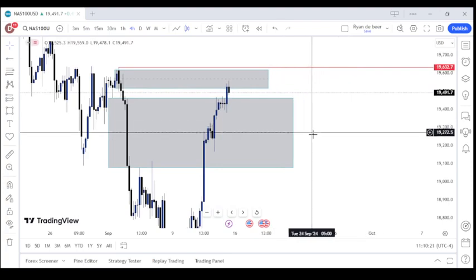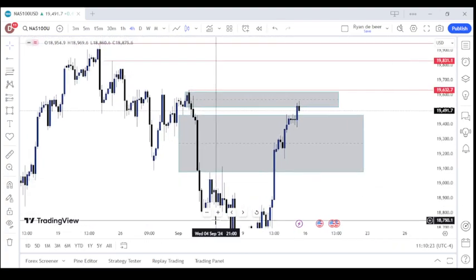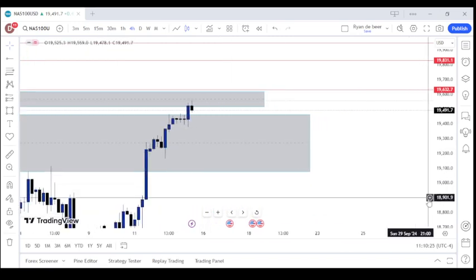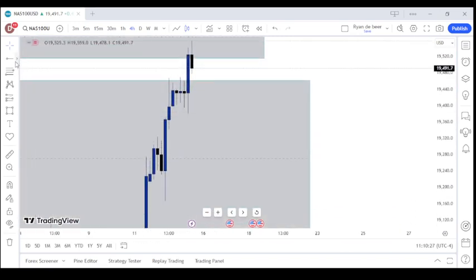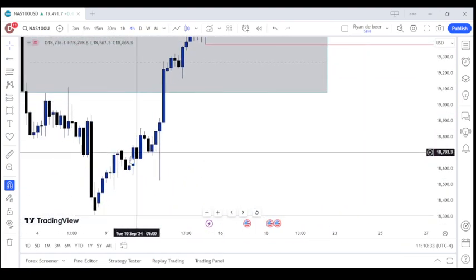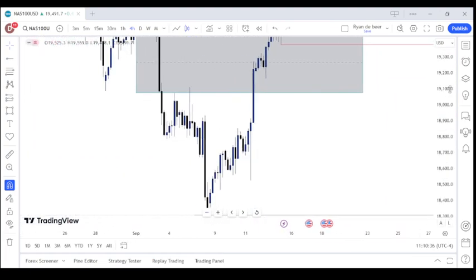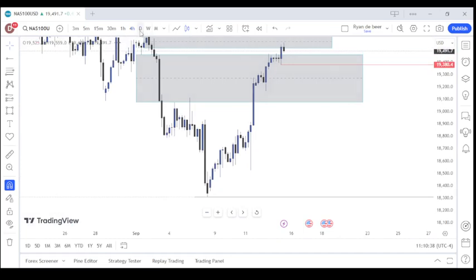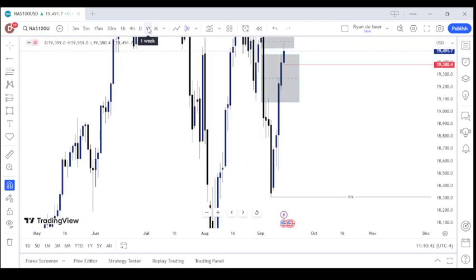If not, I could be looking at price taking out this 4 hourly low and then continuing towards the downside, confirming a continuation towards the downside on the daily time frame, because then we are bearish all round.